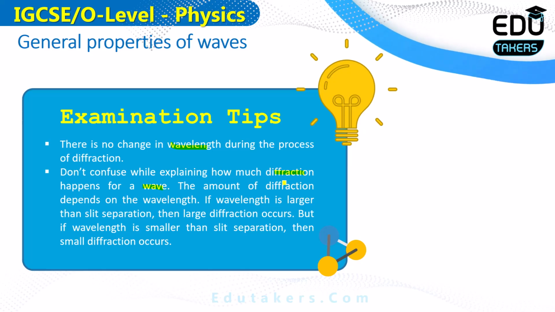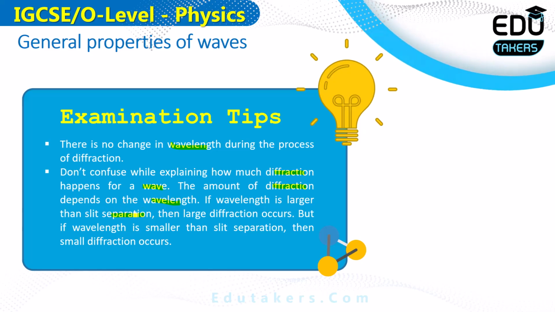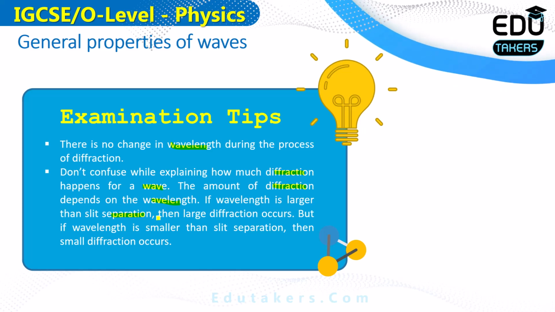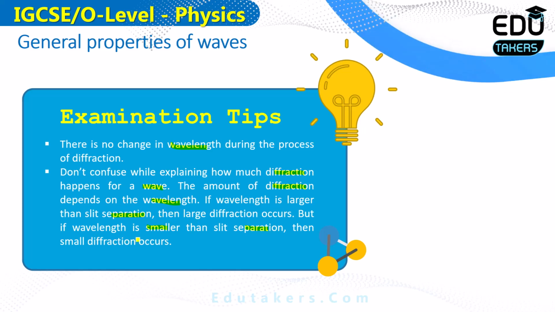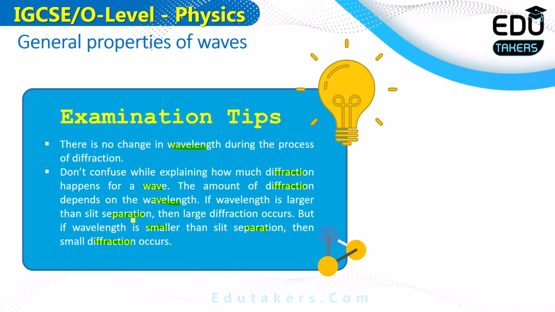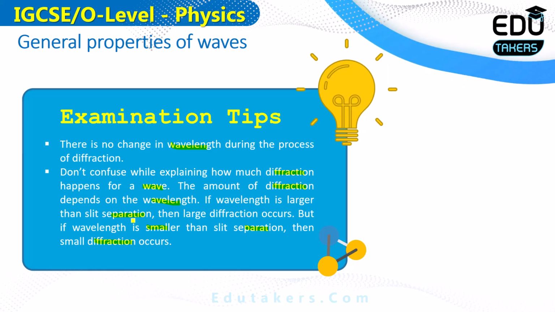You can see the amount of diffraction depends upon the wavelength. If the wavelength is larger than the slit separation, then large diffraction occurs. But if the wavelength is smaller than the slit separation, then small diffraction occurs. So by comparing the wavelength with the slit separation, you can easily guess when small and when large diffraction occurs.